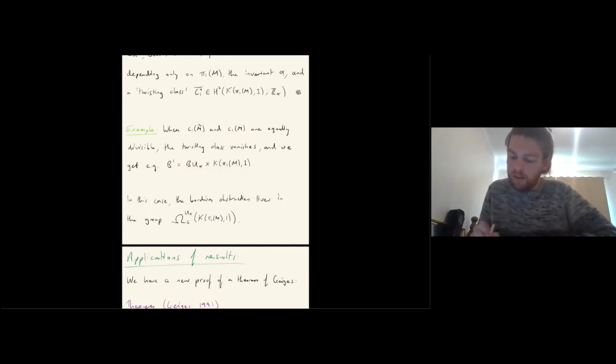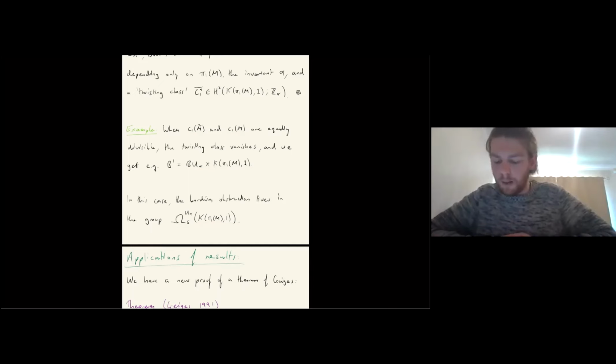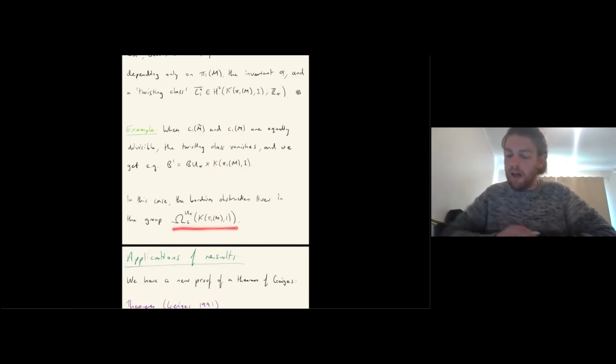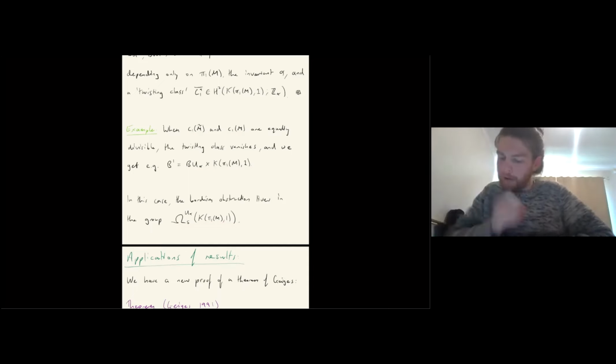It turns out in this case that the bordism obstruction lives in just the U alpha bordism of K pi 1. In bordism theories, this is singular bordism with maps into this space, and this can be analyzed via an Atiyah-Hirzebruch spectral sequence, if people have heard of that.